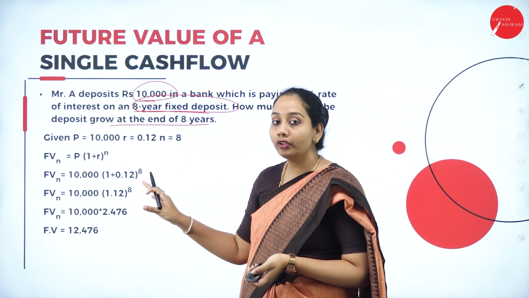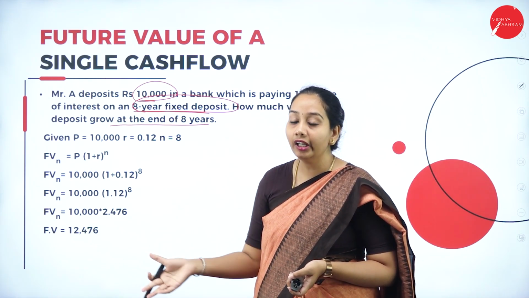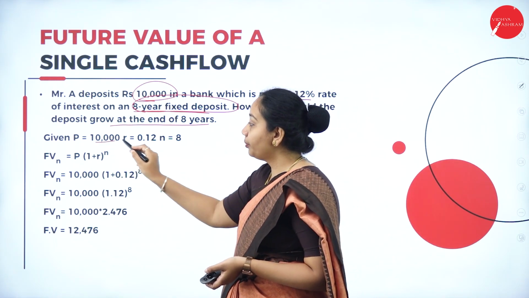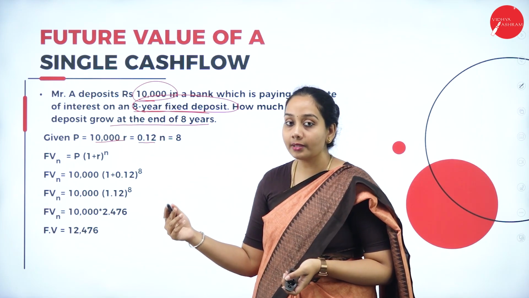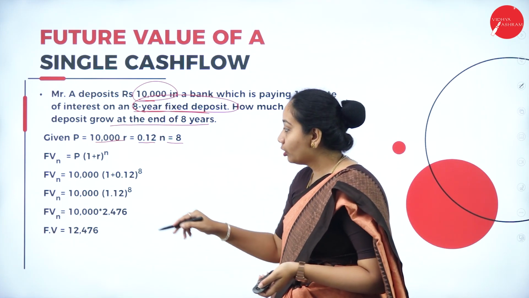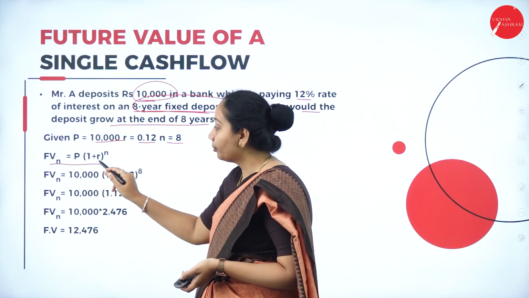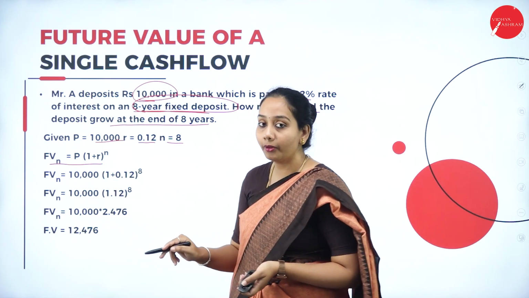So with the help of the formula, we can find the future value that we are going to get after 8 years. Given P is 10,000 rupees, R I have taken as a decimal, that is 0.12, n is equal to 8. By implementing the same formula, future value is equal to P into (1 plus R) whole to the power of n.